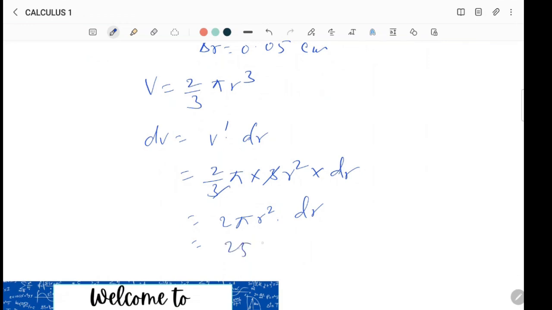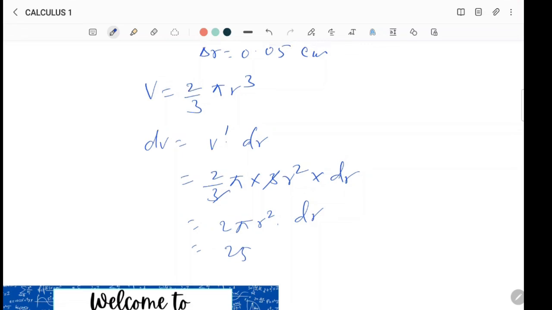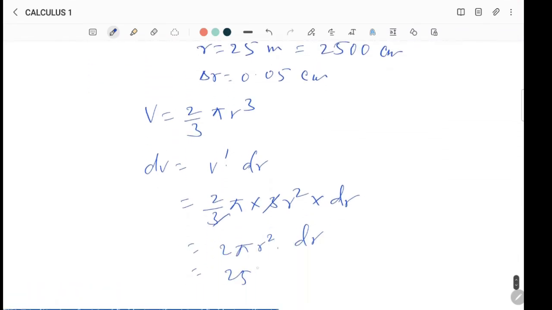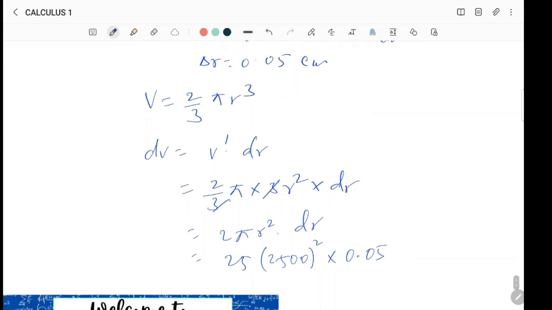So 2 pi, radius is 2500, square, times dr, which is 0.05.